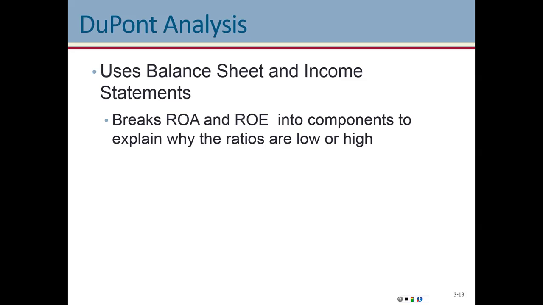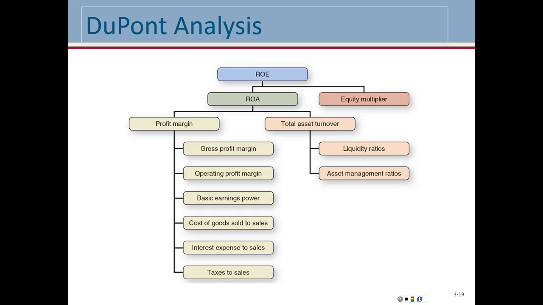Now there's another set of ratios that is called the DuPont Analysis, and it takes into account a lot of the different ratios that we've seen so far. They're trying to figure out what is driving ROA and ROE up or down. So this is basically the DuPont analysis. You can see the formula in the book, but if we want to calculate the ROE, well, we have equity multiplier times ROA, right? And ROA on its part is profit margin times total asset turnover.